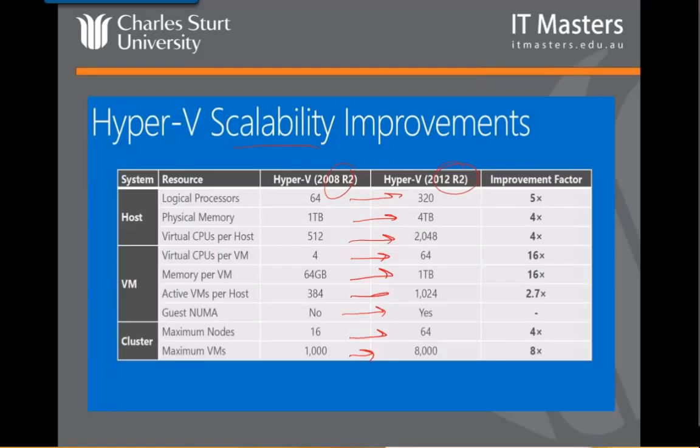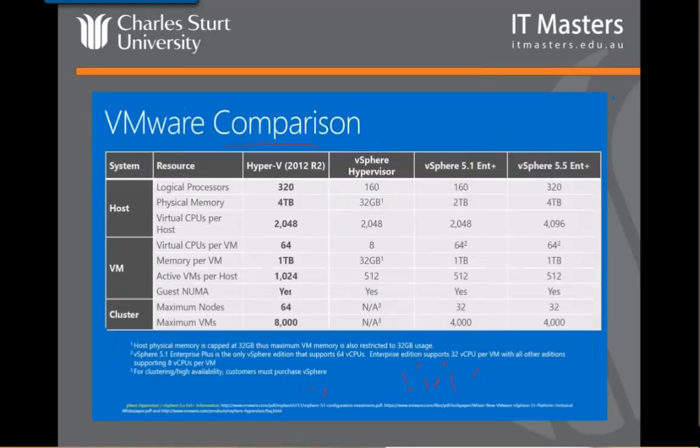And as you remember in the beginning, I said Hyper-V started to be better for me especially with 2008 R2 then 2012 R2. Let's look at VMware. In 2012 R2, it supports up to 320 logical processors. It is half with VMware, even with the Enterprise Edition. But if you buy the Enterprise Plus Edition, they catch up at 5.5.